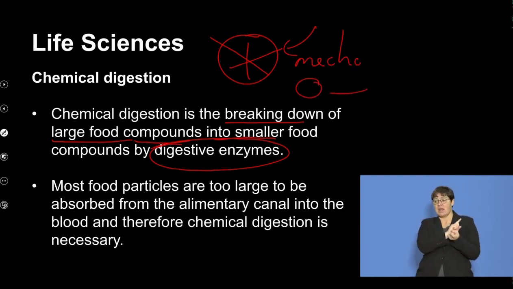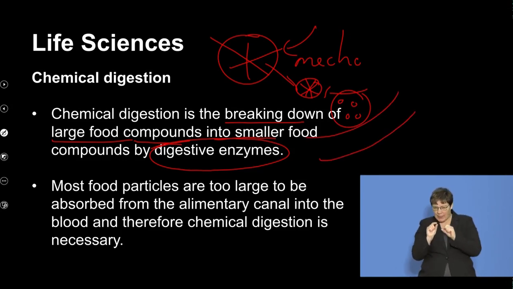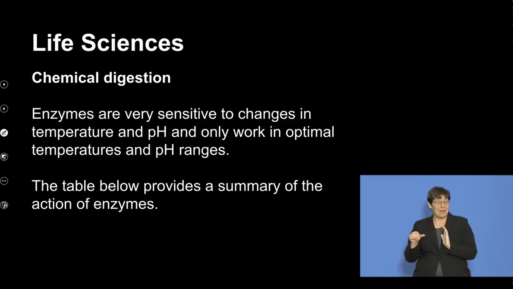Now we're moving from these smaller bits into breaking them up further into even smaller bits, and that's where we want to get to. We want to get to looking at how these are then absorbed as their simple monomers into the bloodstream. So most food particles are too large to be absorbed from the alimentary canal, and hence it needs to be chemically digested, and that's essentially the important part that we're looking at.